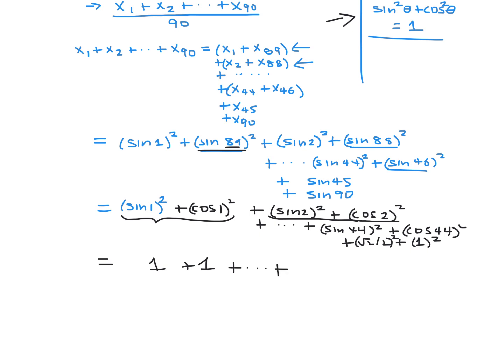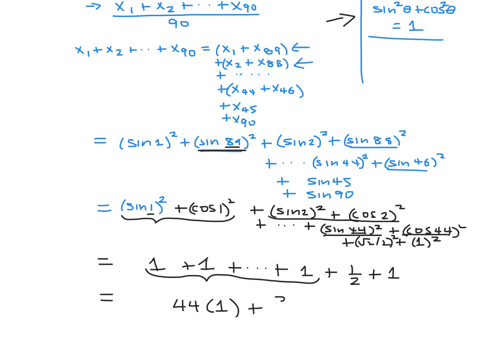And then eventually this one would also be 1. And then don't forget that this root 2 over 2 squared would be, what is that? 2 over 4, which is a half, correct? And then the next one is 1. Okay, so now we have to figure out how many of these 1s there are. We went from 1 all the way to 44, so there are going to be 44 of those. So 44 times 1, and then we have this 3 over 2.